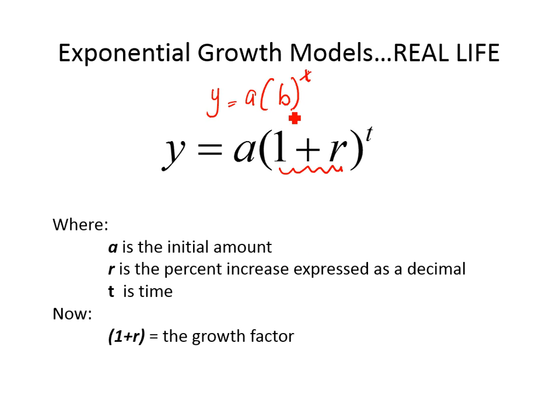Well, all we're doing is changing this B to 1 plus R, because when we use these real-life models, we are given a rate, and we have to add that to 1 to get the B, okay? So that's why we don't use the B anymore. We're using 1 plus R, because we got to figure out what that growth model or what that growth factor is, okay? So again, this time we have a little a, so it's y equals little a, parentheses 1 plus R, all to the power of t. Little a is the initial amount, the amount you start with.